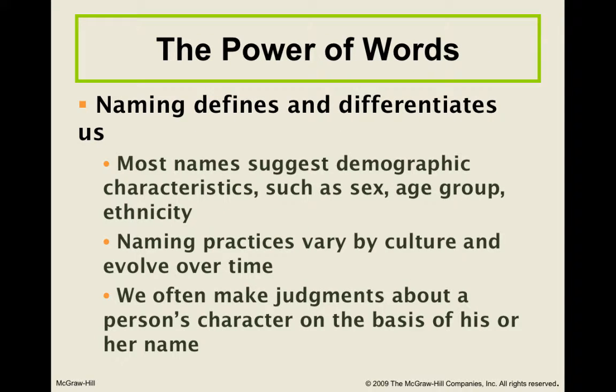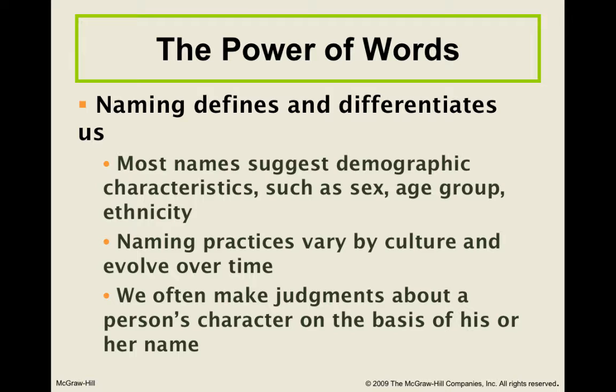Words are very, very powerful. And one of the most powerful things that we have is our name. Naming defines us and differentiates us from the people around us, and it is a very strong linguistic device. Names can give clues to demographic characteristics like gender, ethnicity, age, although those clues can sometimes be deceiving.